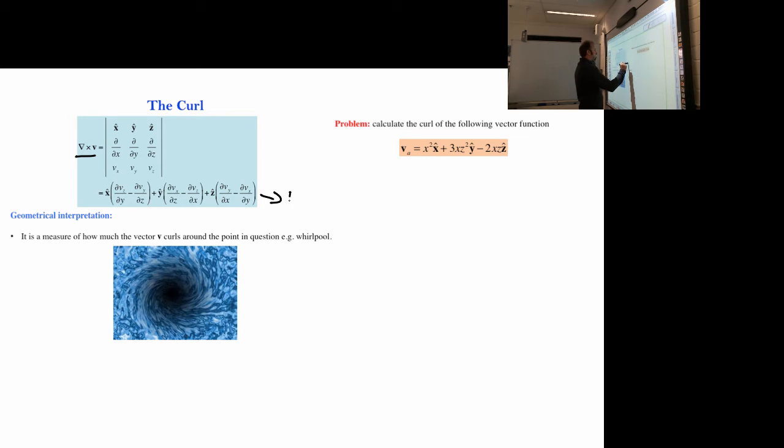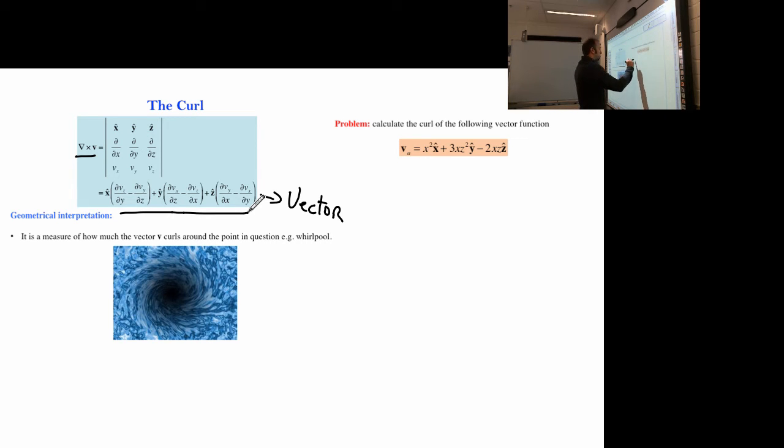So it has magnitude and direction. And what we're going to do is calculate the curl of the following vector function VA. Okay, so here we have our expression for the curl of the vector function, and we're going to use this in order to determine the curl of that vector function.